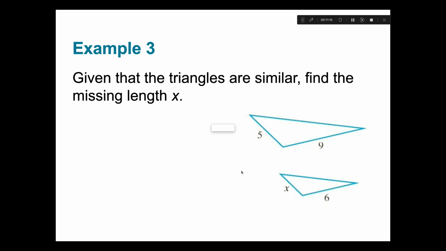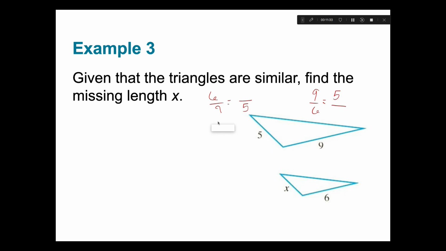So if I put 9 over 6, then I have to put the 5 up here with my 9. If I put 6 over 9, then I have to put my 5 down here with my 9. My 5 has to stay with my 9.